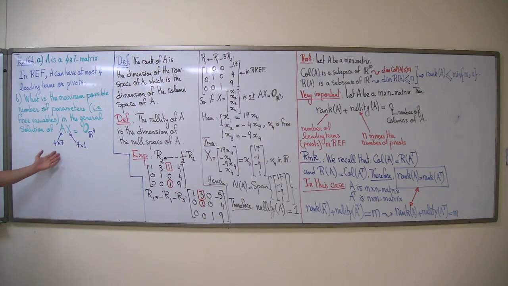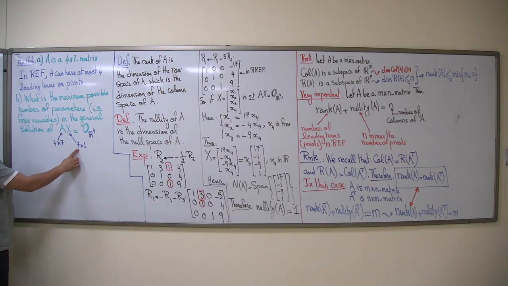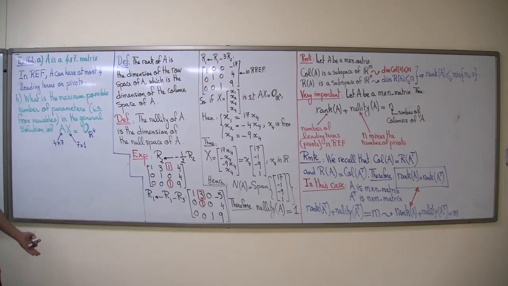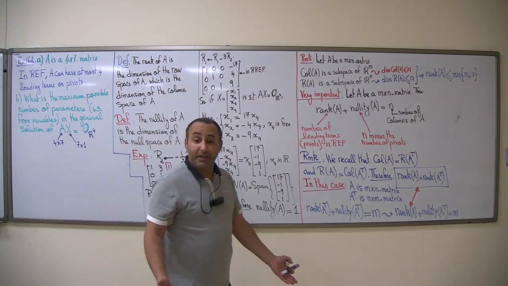So in this case, when you have a column vector here, 7 by 1, the maximum number of free variables you could have there is 6. Or 7.